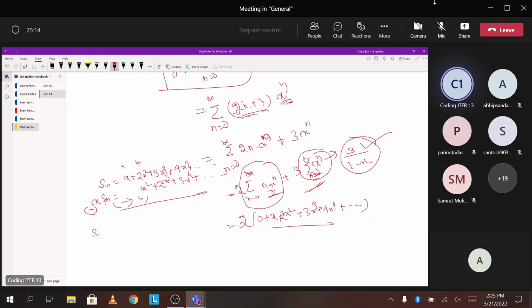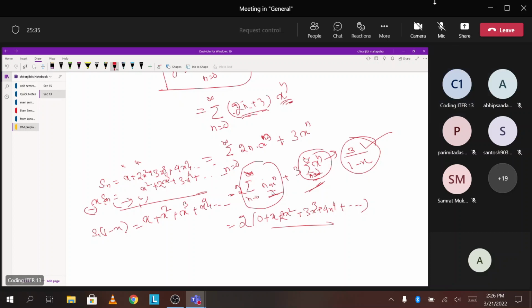What happens? Sn minus x into Sn. If you take Sn as common, you'll get 1 minus x into Sn. That will be equal to x minus 0, so x, plus 2x square minus x square, that is x square. 3 minus 2 is simply x cube, x to the power 4, like this it will go on.